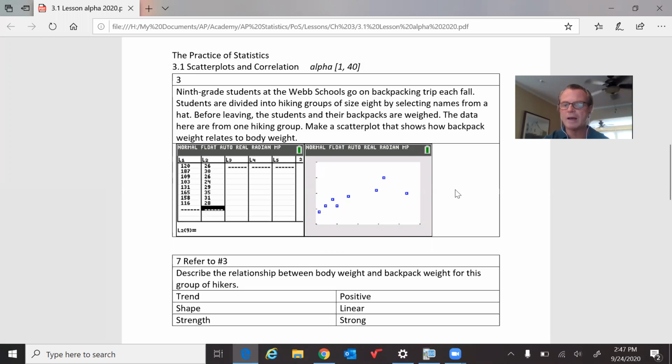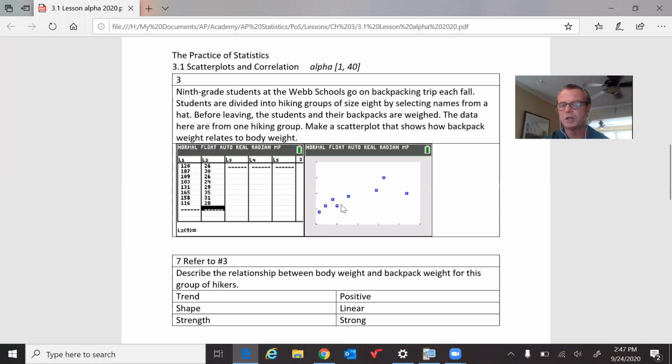And the prompt describes, you would look at this picture and say that is positive, it's linear, it's very linear until you get to this point. And that's the kid, the beefiest kid, has kind of a light backpack. But it's really linear until you get there. So positive, linear, strong.